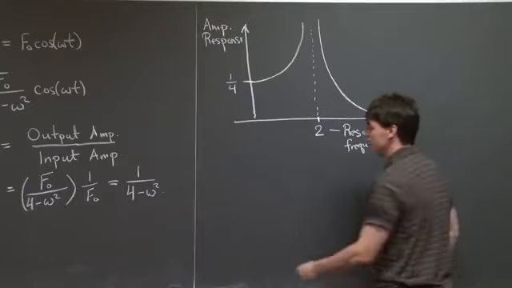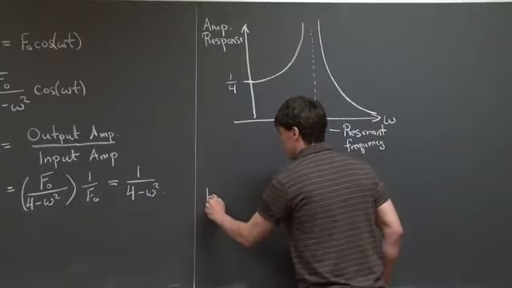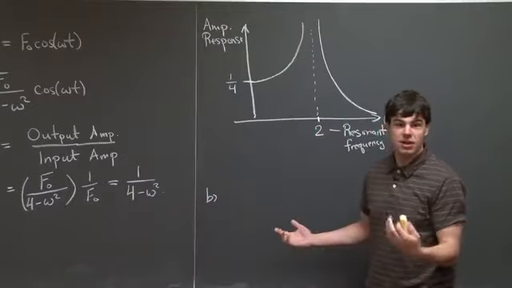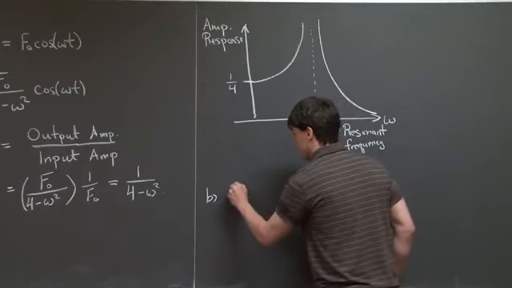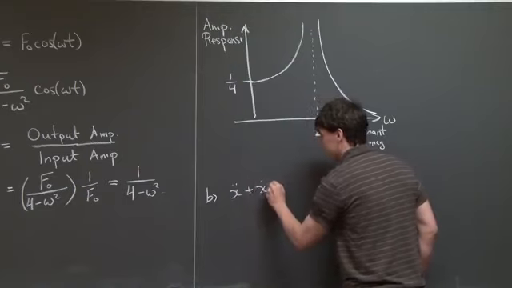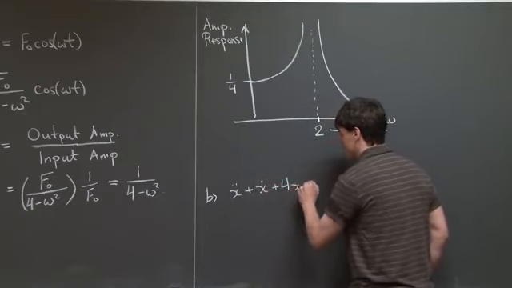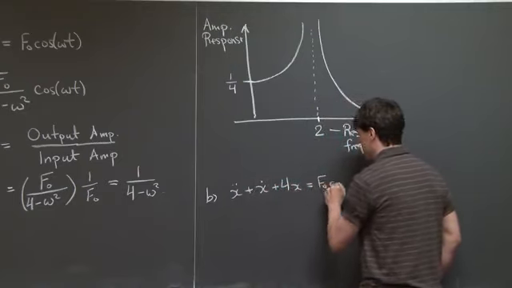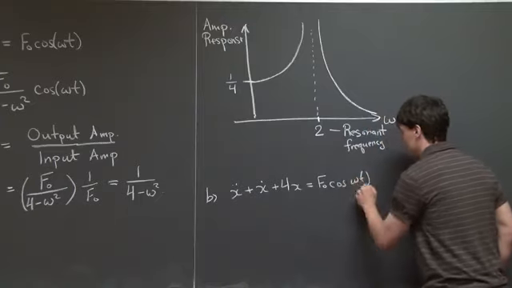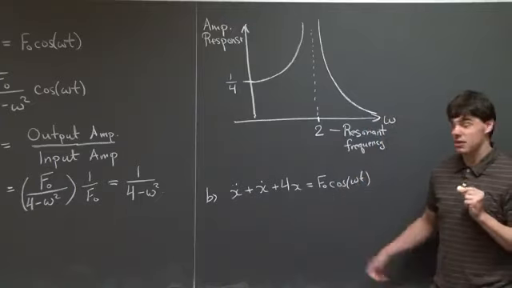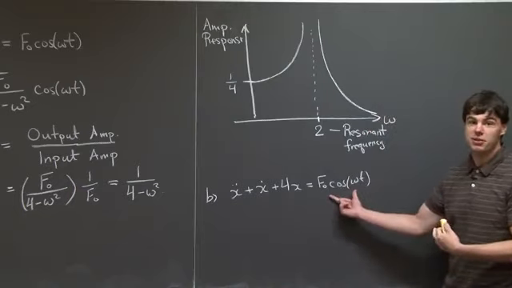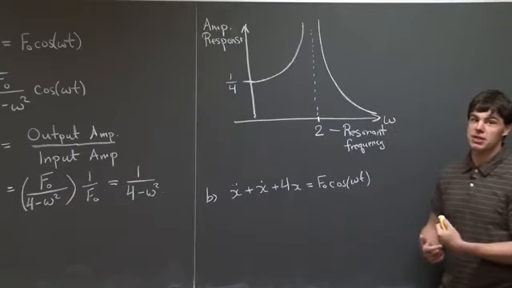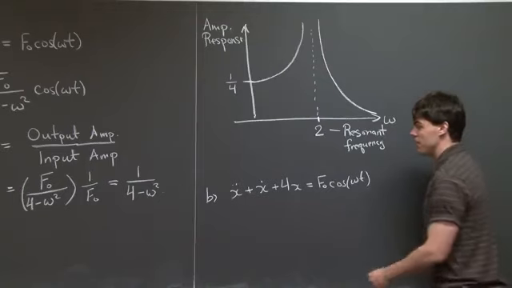For part B, we have a differential equation with damping now. And to compute the particular solution, we follow the standard procedure of first complexifying the right-hand side and then using the exponential response formula.